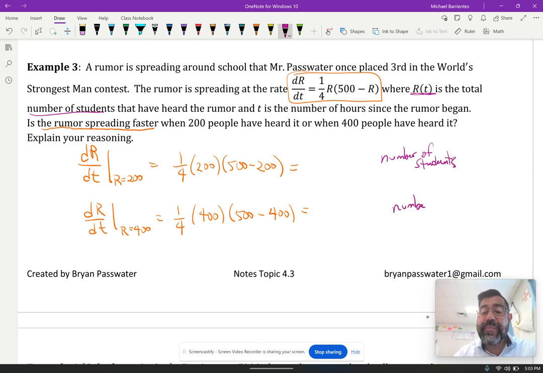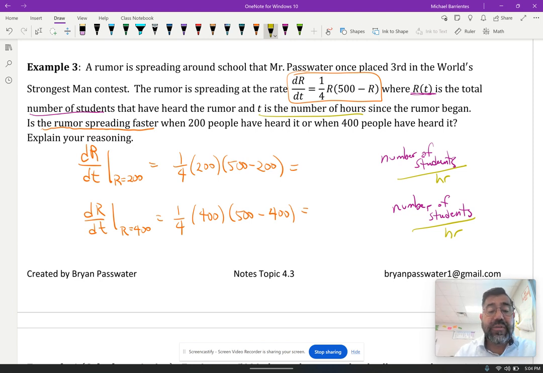But my input variable, which is t, stands for time, and the time measurement, they tell me, is in hours. So this is per hour. So whatever answer I get here, I already have the rate for 200 people and the rate for 400 people.